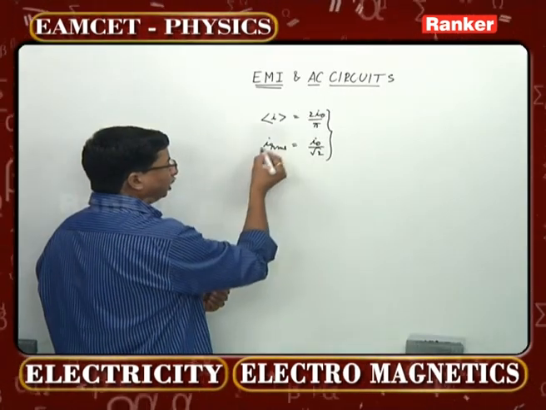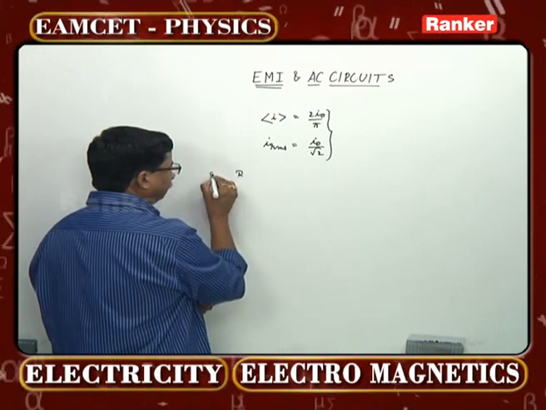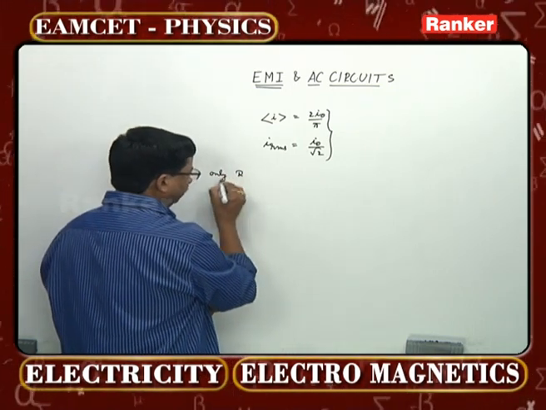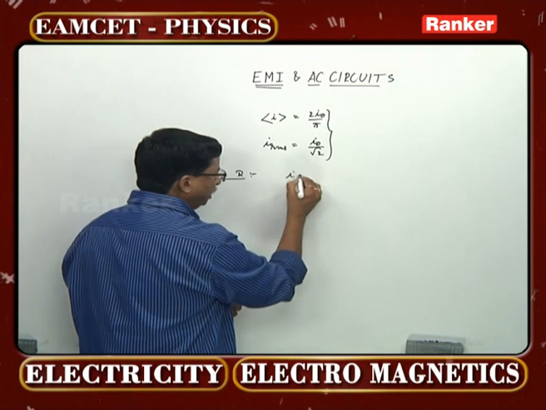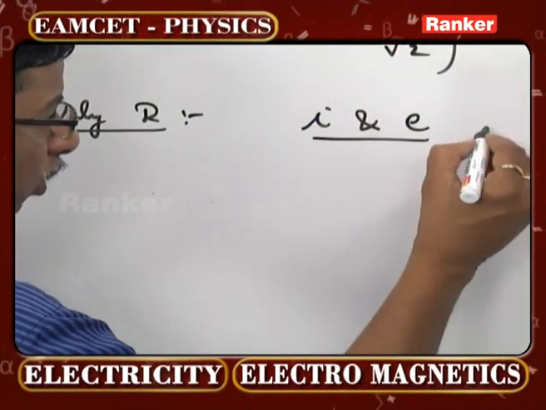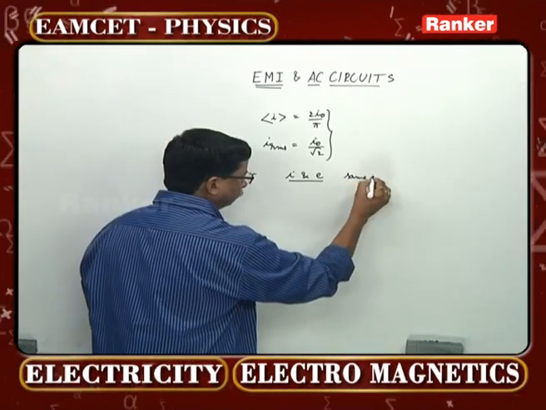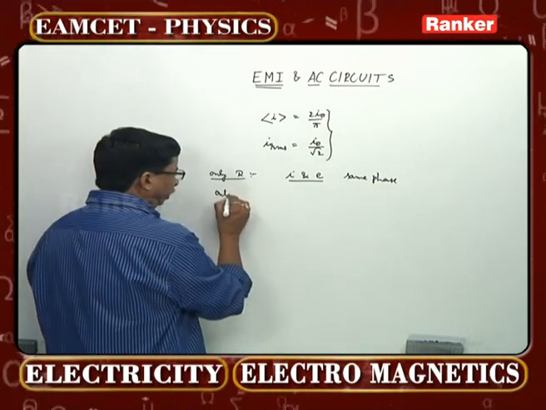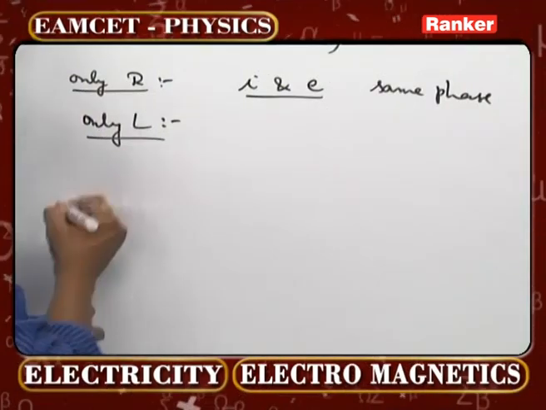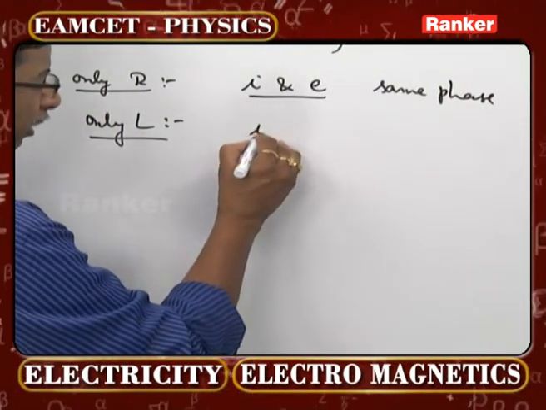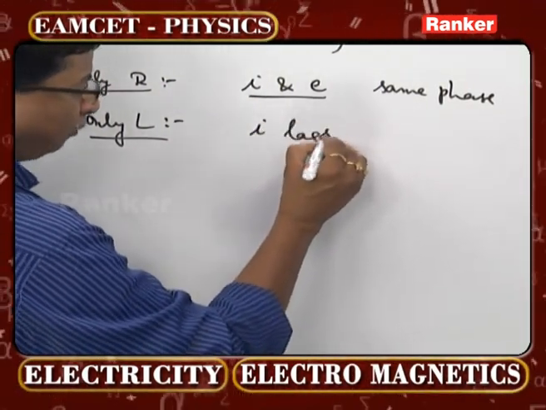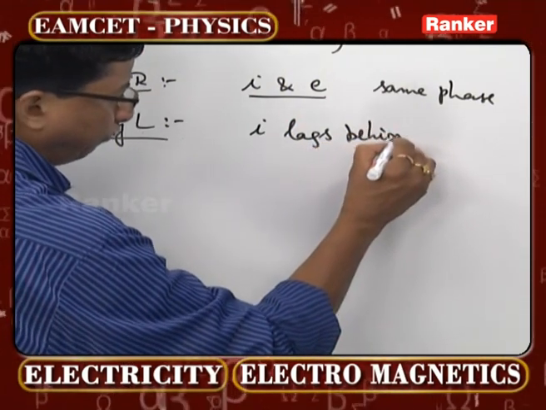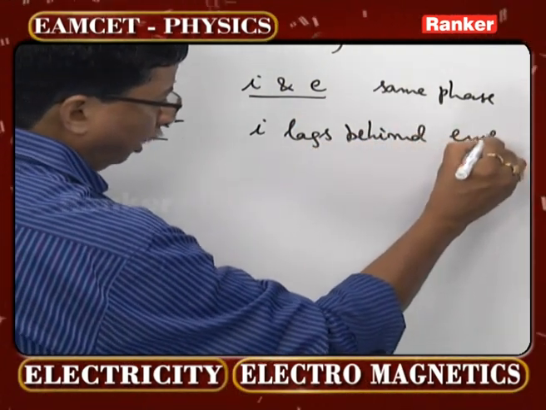What next we have to take up? When only a resistance circuit we consider, then you will find current and EMF both are in the same phase. Remember that point carefully. When only an inductor circuit of AC you take up, then you will find current lags behind EMF, right? By what value?